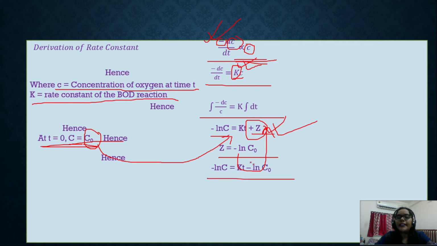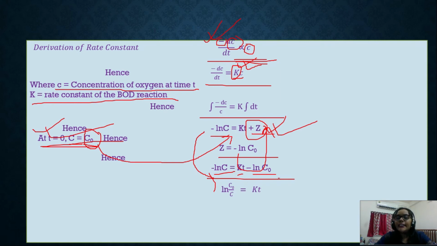From this step we will get minus ln C equals kt minus ln C0. What is ln C0? That is the z value that we got by putting in these conditions. Understand? Of course it is. So what will be the next step?